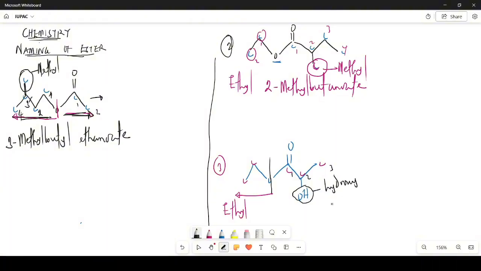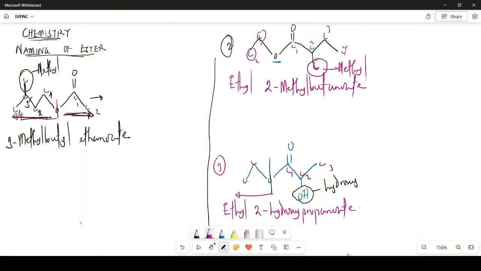Hydroxy. Does that make sense to you? And this hydroxy is at which position? Second position. So you go ahead and name your parent now. You see that on the parent, on the second position, we have hydroxy. Then what is the parent itself? It is what? Propanoate.